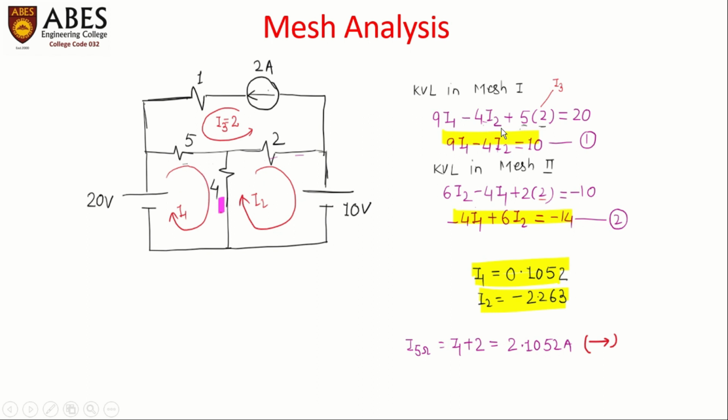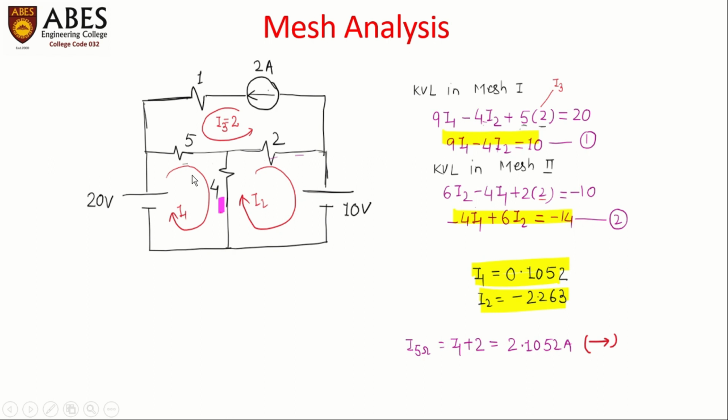Firstly we will write here the 4 ohm resistance that is common in mesh 1 and mesh 2. This 4 ohm resistance would be multiplied by I2, the current that is also flowing in the 4 ohm resistance except I1. Now we will write here 4I2.